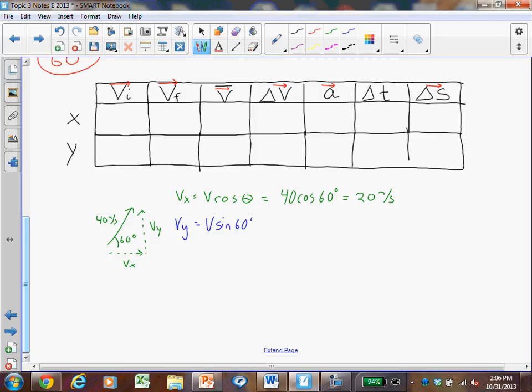Oops, sine theta. So 40 sine 60. Mikhail was saying, I think, are they just switched?